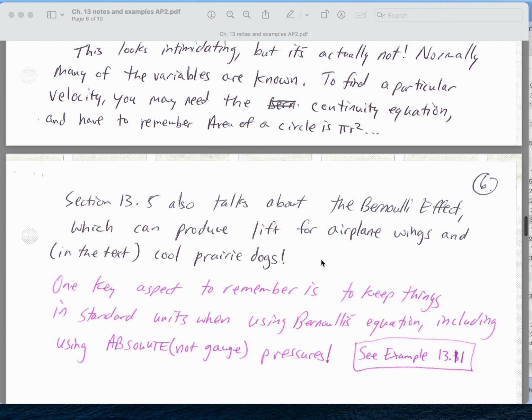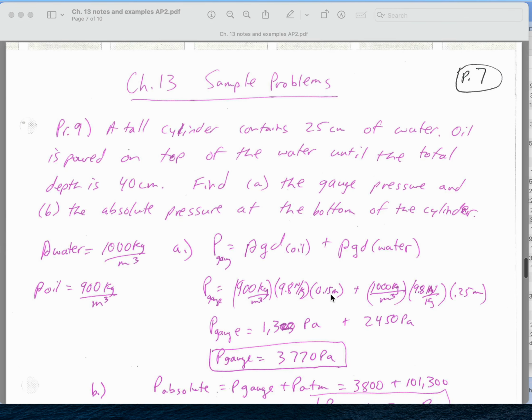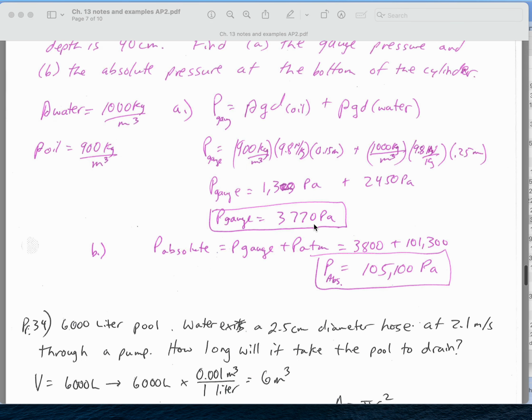Oh yeah, sample 13.5, that was the Prairie Dog one, which is kind of cool. Chapter 13, sample problems. So I'm going to go through a few of these.